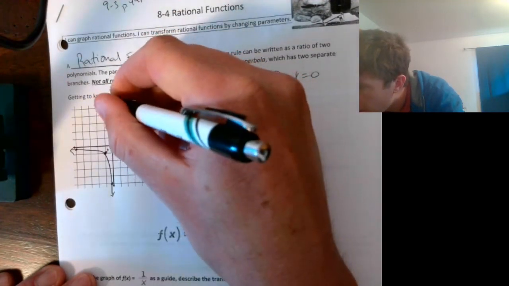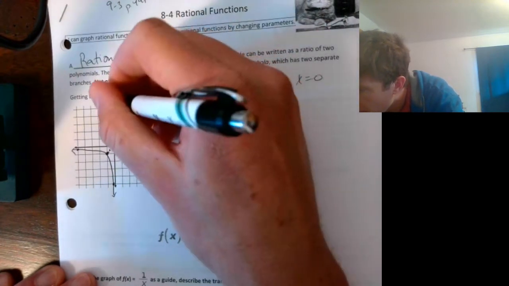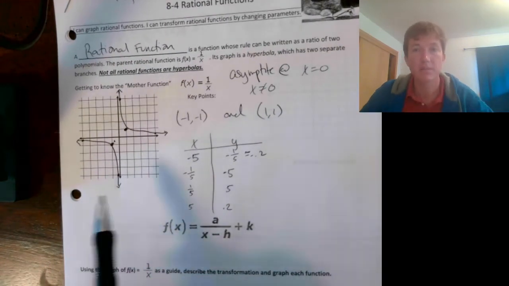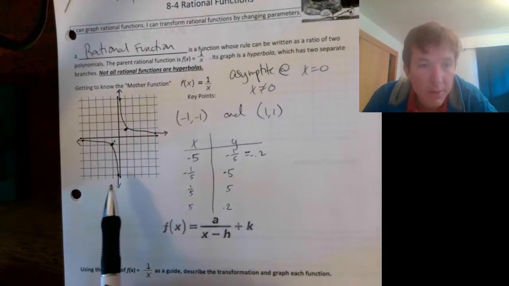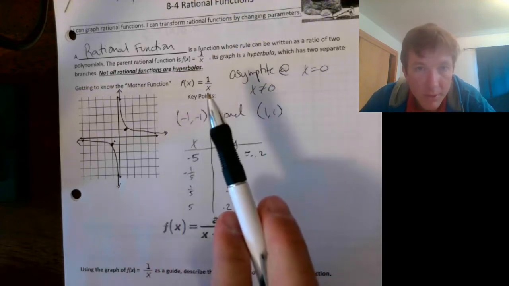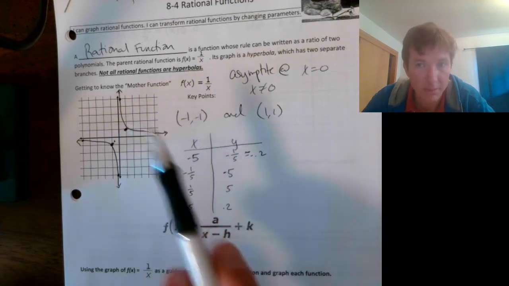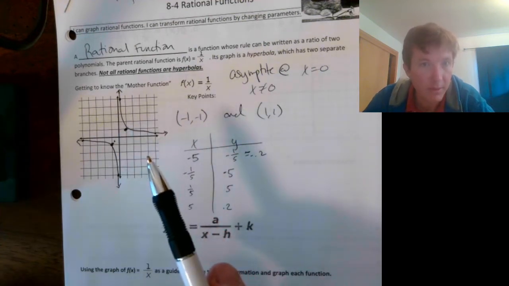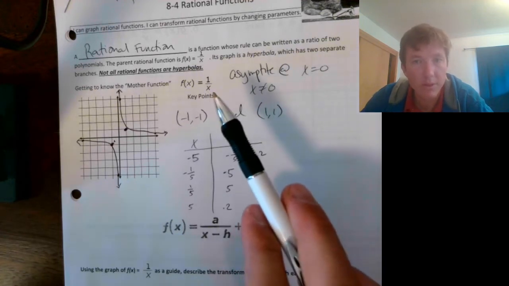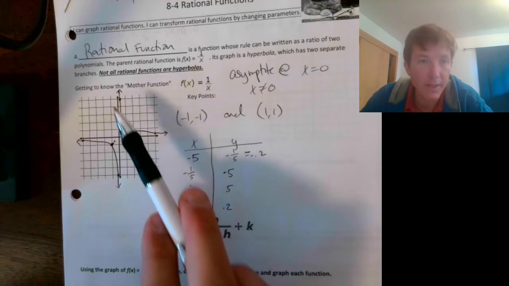You have a hyperbola with an asymptote at x equals 0. What does the asymptote mean? Well, for smaller and smaller values of x, so if I plug in 1 over 1,000, for example, the y value blows up really big. Okay, I'm sorry, 1 over 1,000. So 1 over 0.001 would give you 1,000.